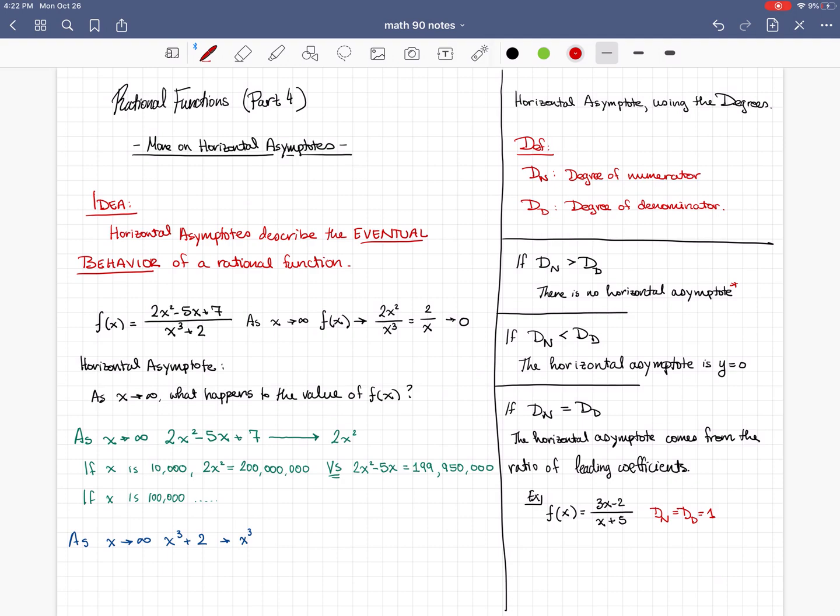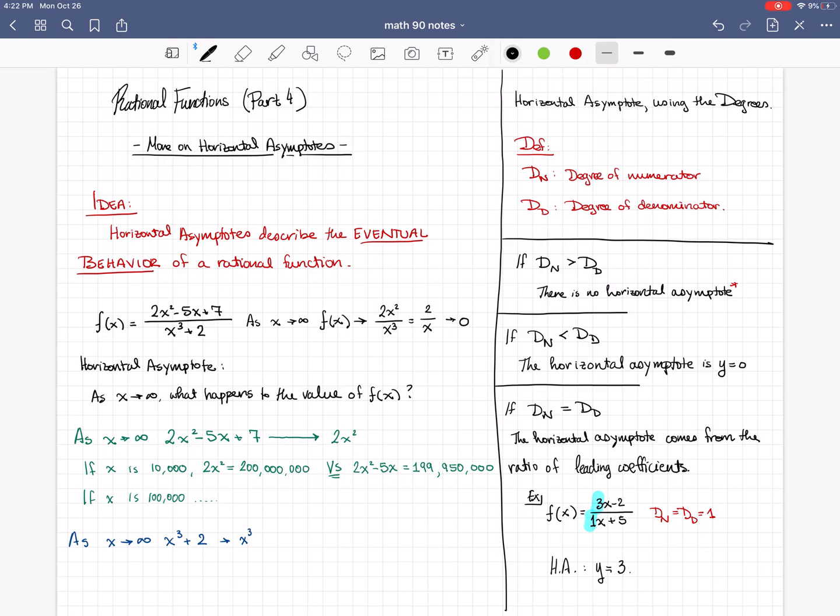Well, our leading coefficients, if we wanted to write the denominator with a coefficient, we would write it as 1x plus 5. So our leading coefficients are 3 and 1. So for our horizontal asymptote, we look at the ratio of the leading coefficients, and we would say that the horizontal asymptote is the line y equals 3 over 1, which is just 3.